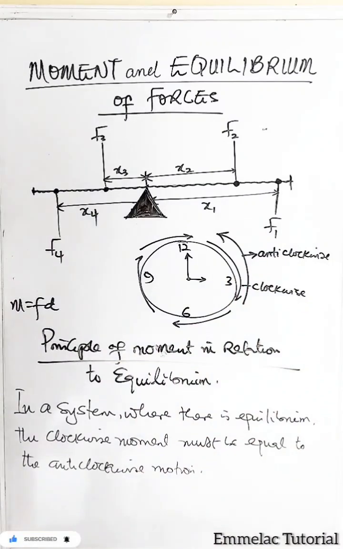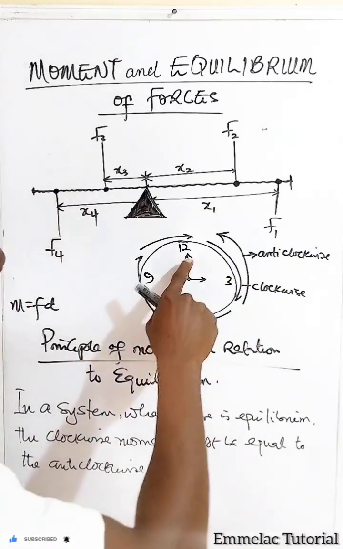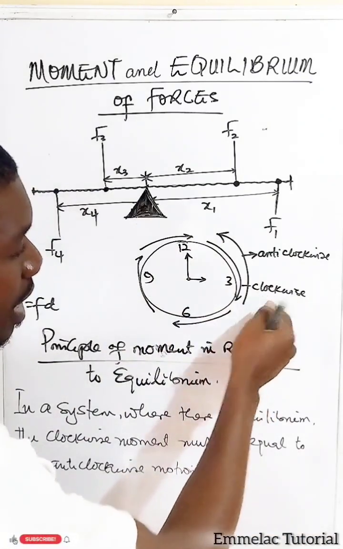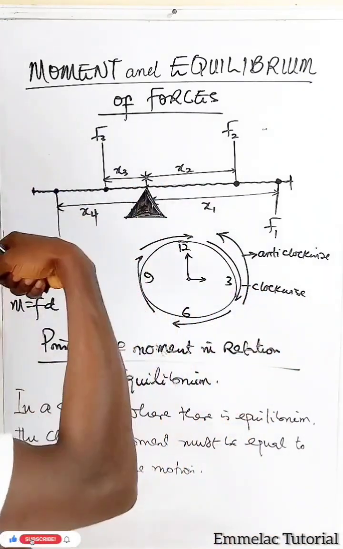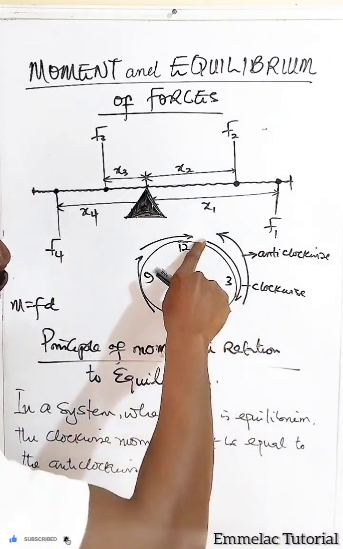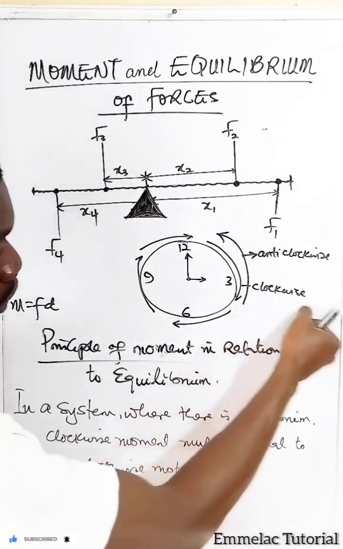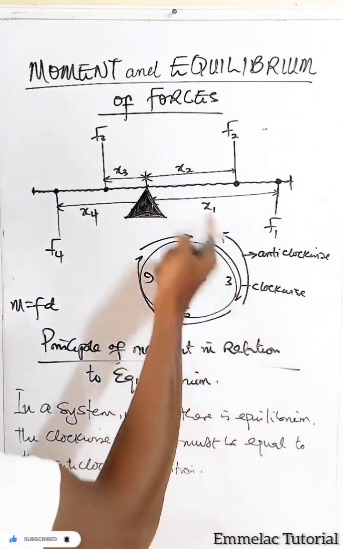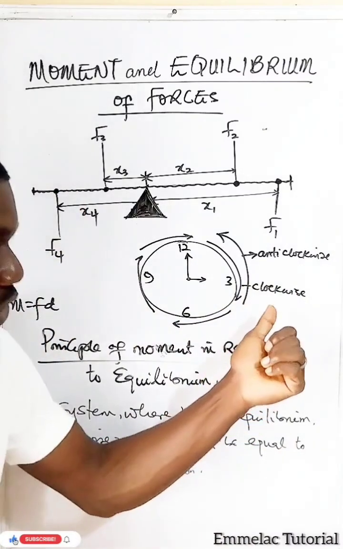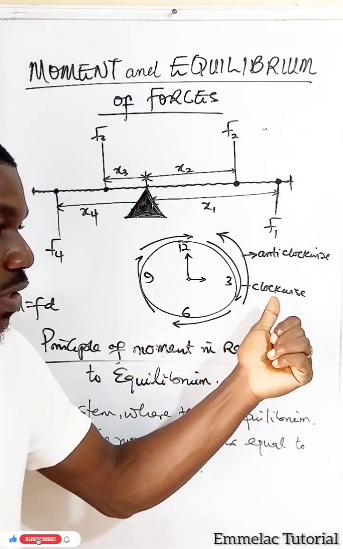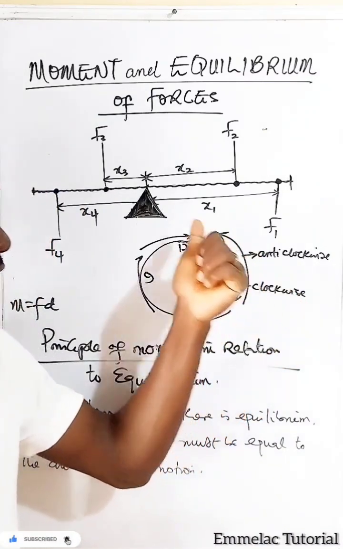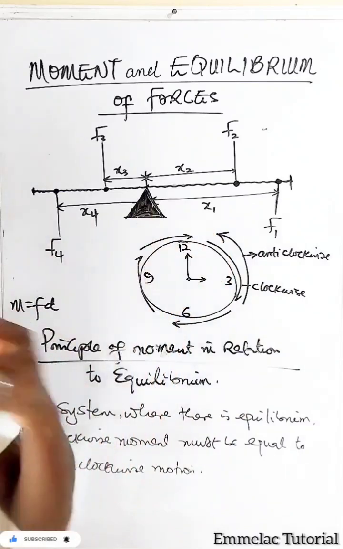Okay, so we've now established the fact that moving this way is called anti-clockwise, and moving upward is called anti-clockwise. I repeat that again. Moving downward is called the clockwise, and moving upward is called anti-clockwise.